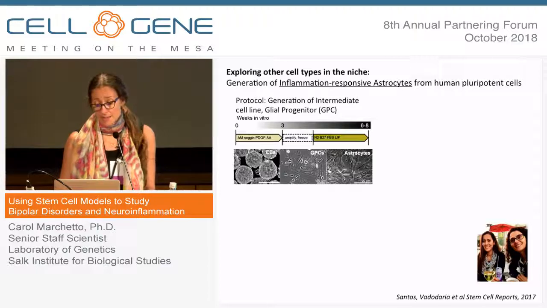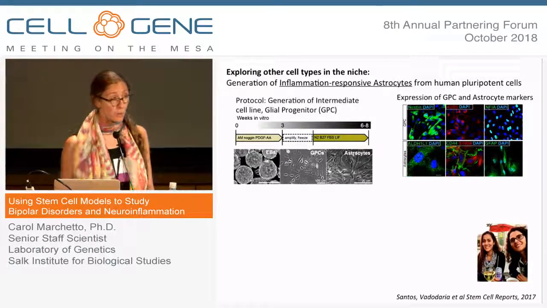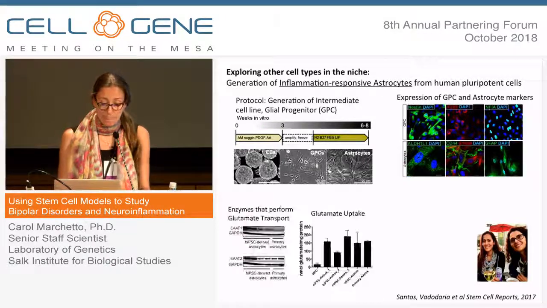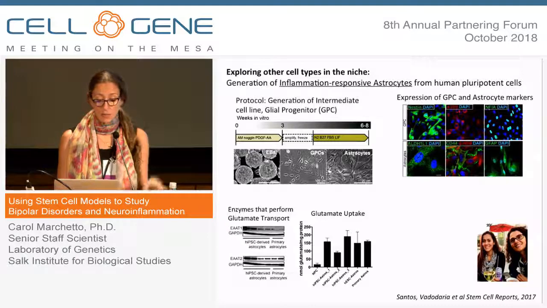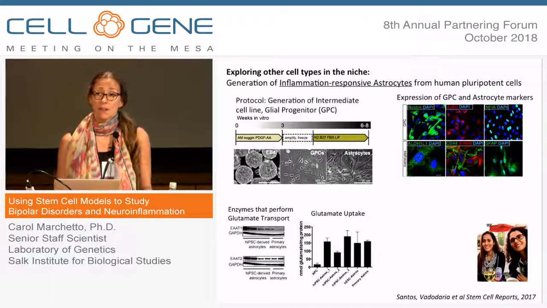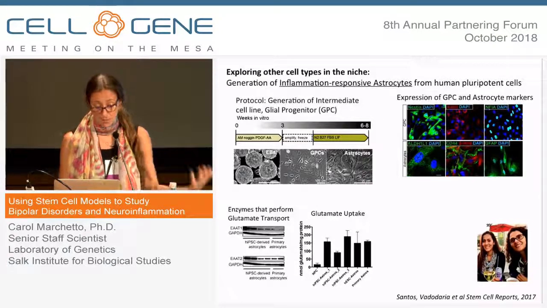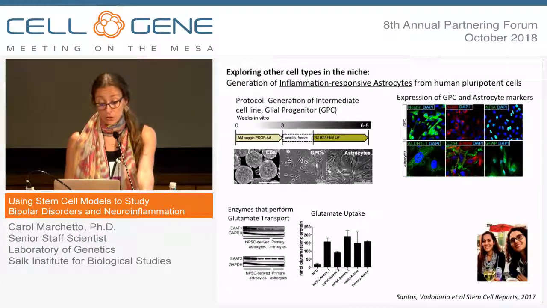So we did that, and we wanted to show that those cells expressed astrocyte markers as well as glial progenitor markers. And we also showed that the cells were able to perform glutamate transport, which is one of the hallmarks of astrocyte activity. Those cells can take up glutamate.